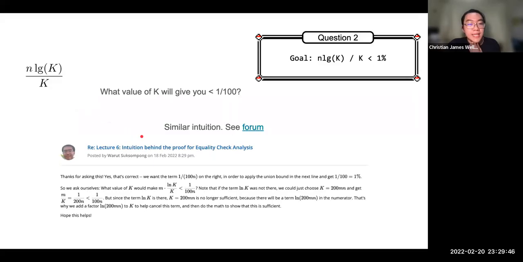Okay, so there is an intuition given in the forum by Prof. Warud. The copy of the slides will have the link to the forum post, but it's slightly different, though very similar. The goal in the lecture was that there's the n factor over here. But in this question, we want 1 over 100 without the n factor.